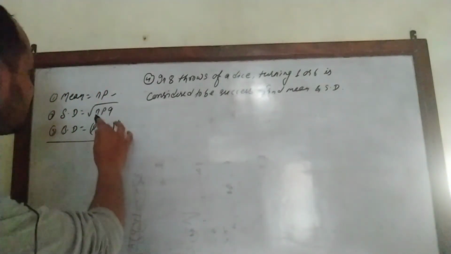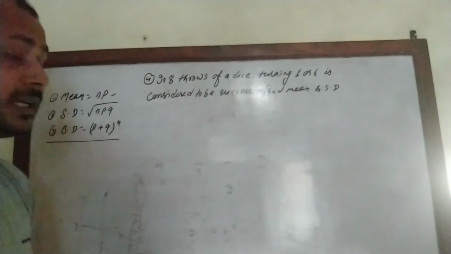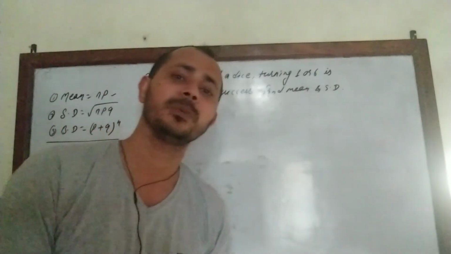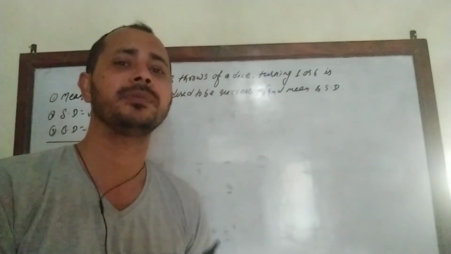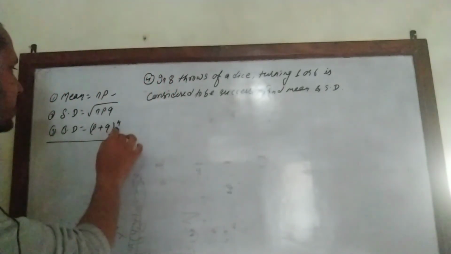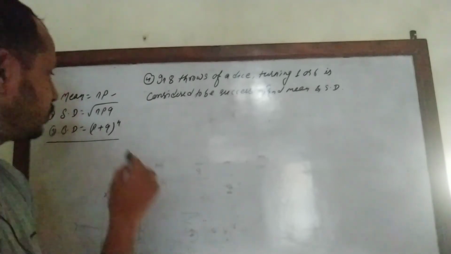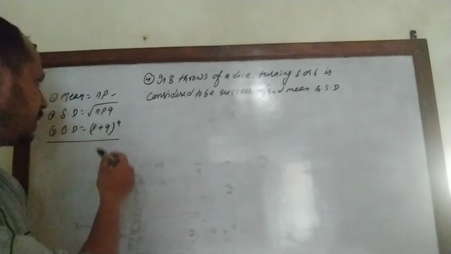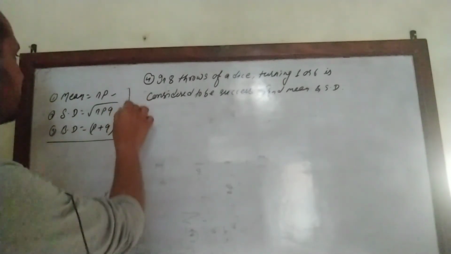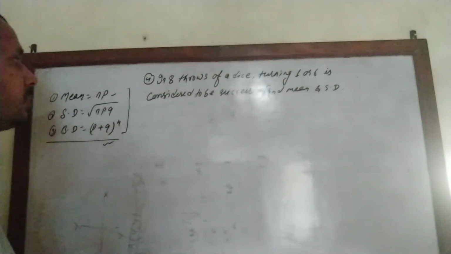Similarly, standard deviation is the square root of n into p into q, where q is the probability of a failure outcome in each trial. And for the binomial distribution, p plus q to the power n is always 1, because p plus q is 1 and 1 to the power n is 1. So if we are asked to calculate this, we can apply this formula directly.